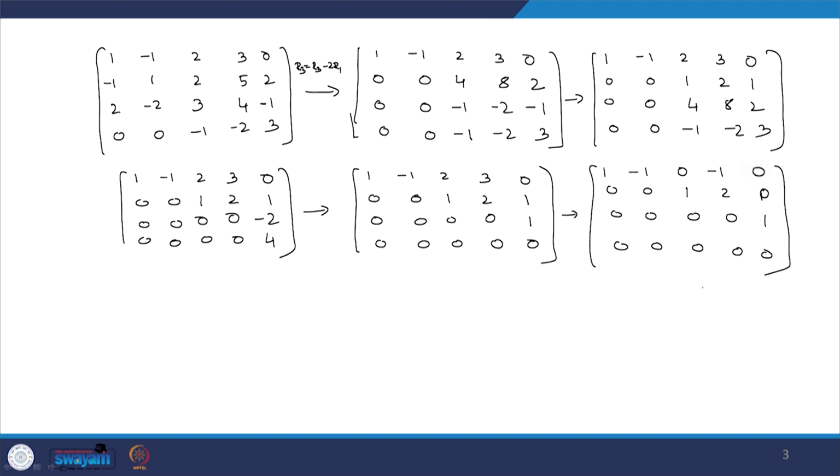So, this implies the dimension of the subspace W is 3.